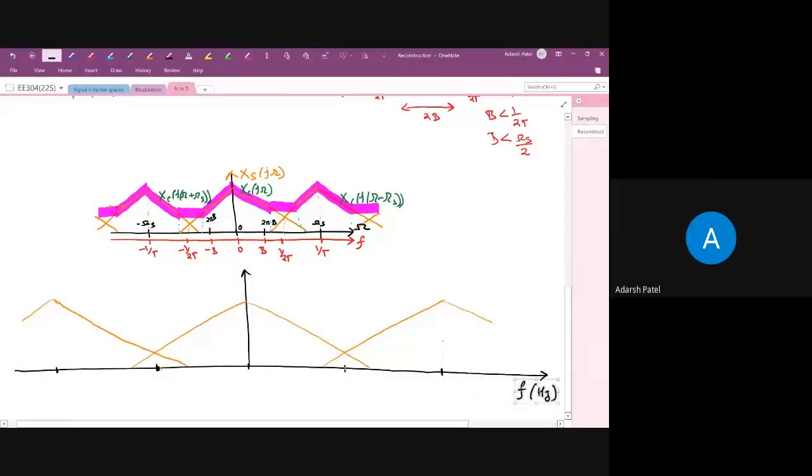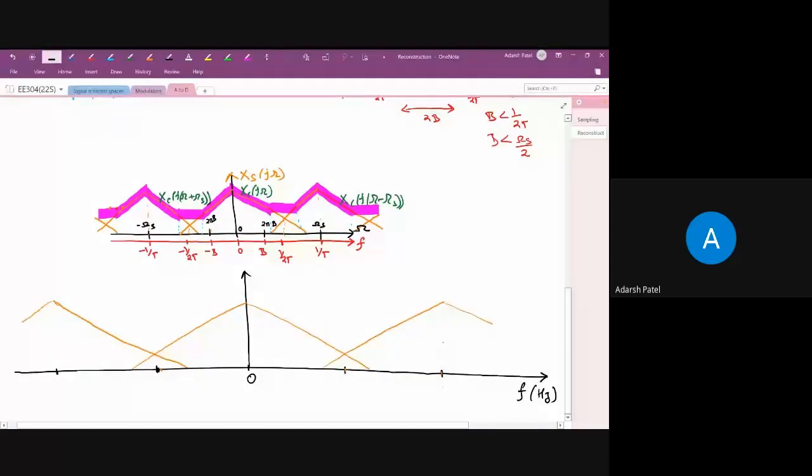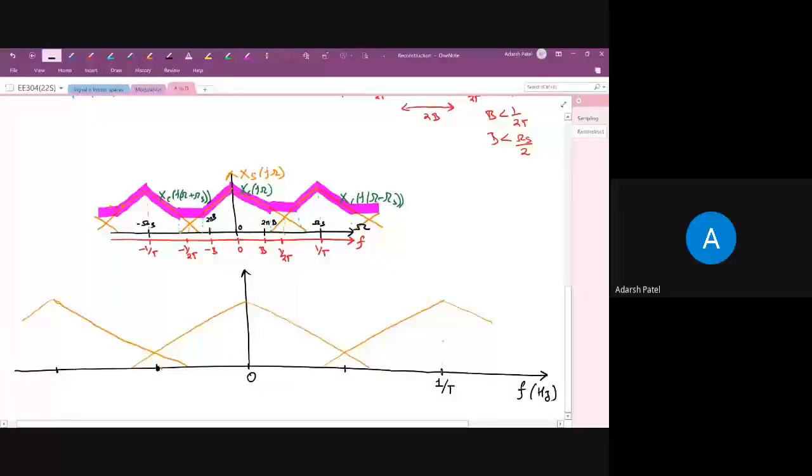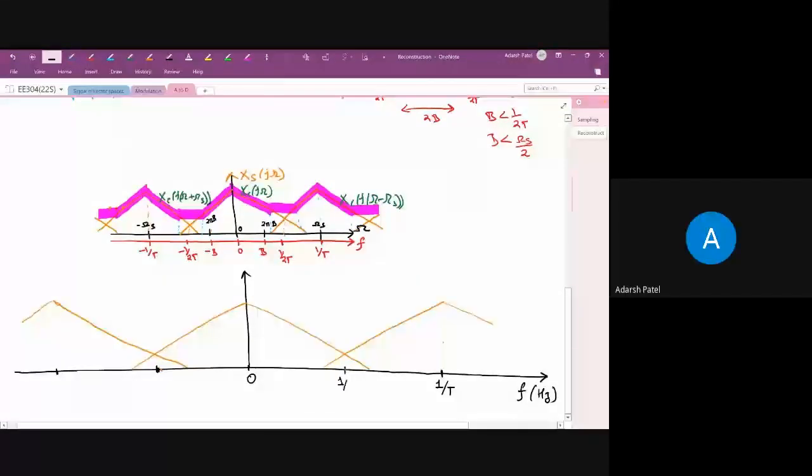So what are these values? This is 0. And what is this value? Do people recollect this value? B, minus B, 1 by T, minus 1 by T. Yes, this was 1 upon T, and this was 1 upon 2T.